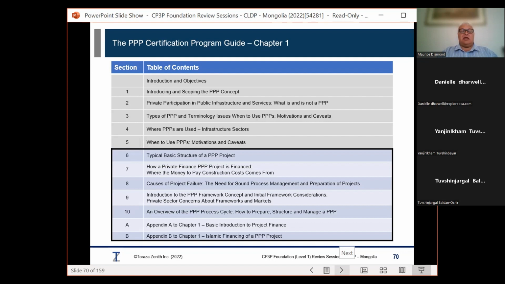Now, I will say to you that the PPP process cycle is made up of 6 phases. Now, you will be asked what happens in each phase, which is the first phase, which is the second phase. If you don't know that, you will lose quite a lot of marks in the exam.